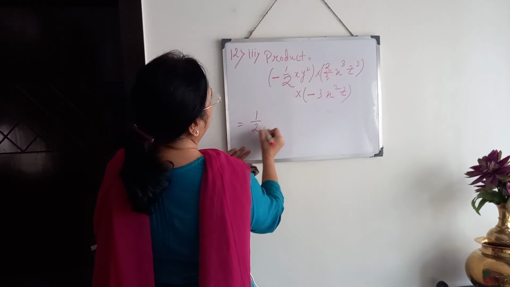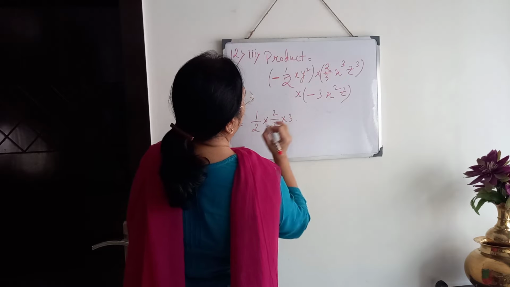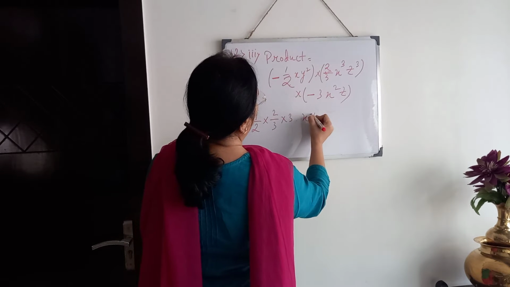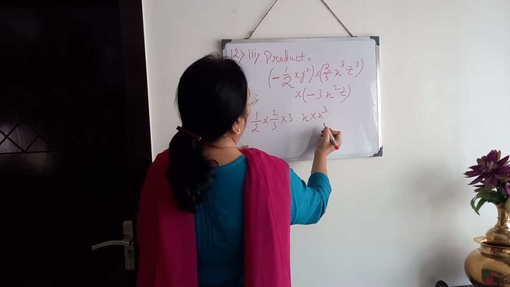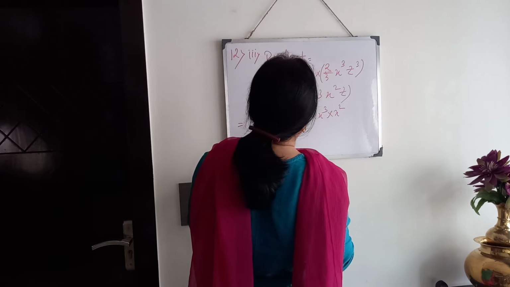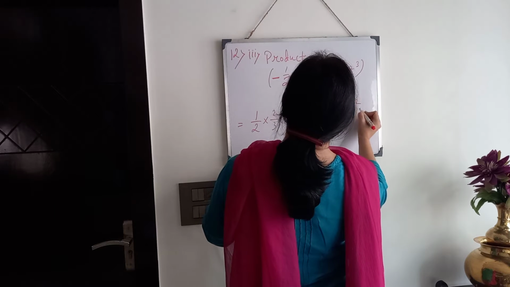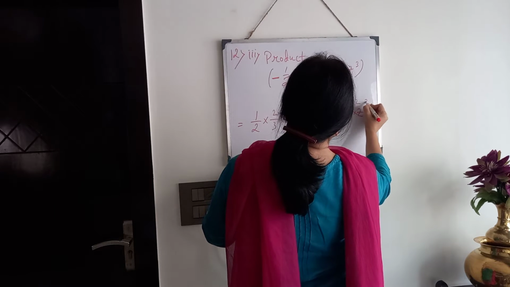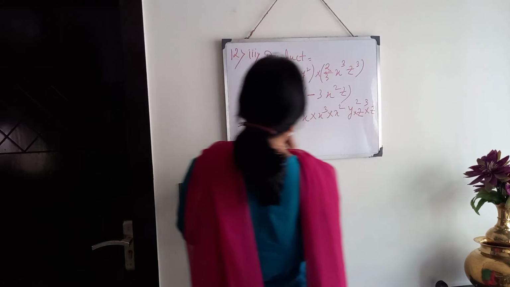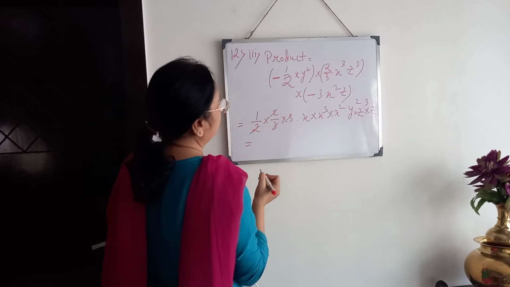Then numbers written side by side: 2 by 3 into 3. Then x into x cube into x square. x, y square alone. z cube into z. So now you see this and this will be cancelled out.